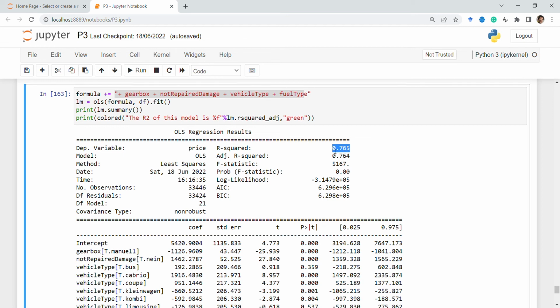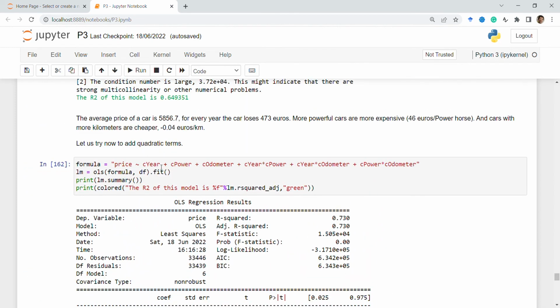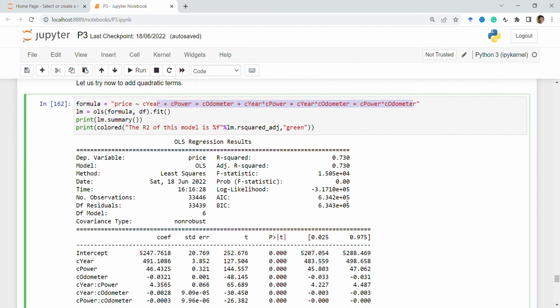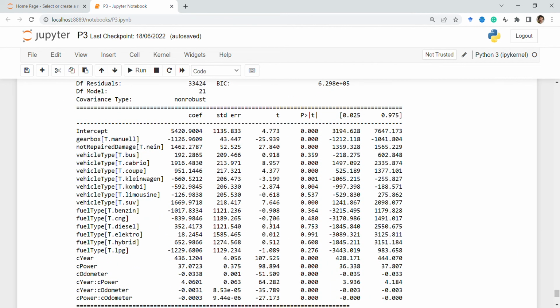So adding the discrete variables, once you have accounted for all these ones, they are not so important. So the manual shift, the gearbox, the not repair damage. The not repair damage can make an impact, so we can look for the not repair damage, gearbox.